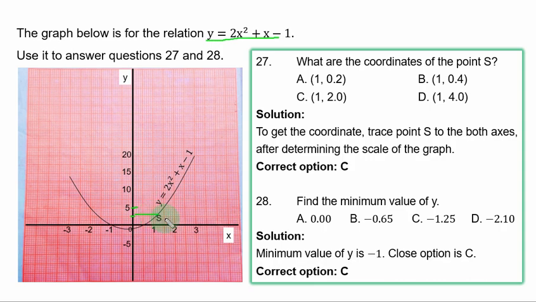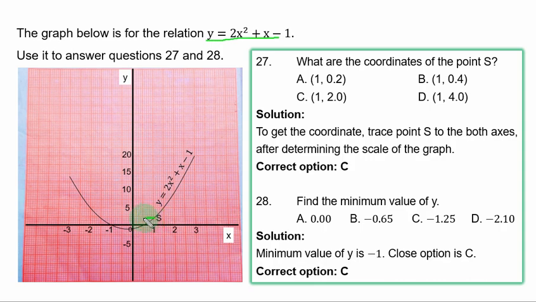If you trace it down to S, you have 1. So by the given options, we'll consider S from here.